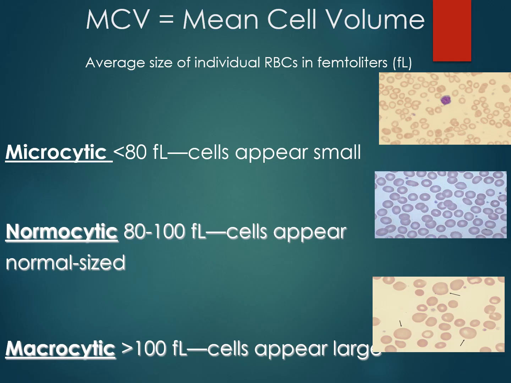Now, this patient has a variety of different cell sizes, but you can see these larger cells where the arrows are pointing. Those would be representative of macrocytic cell populations. Our MCV is actually a calculated value, which we are going to talk about how to calculate shortly.